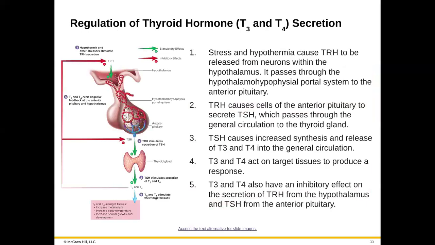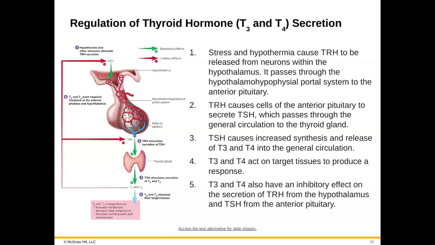So TRH is going to cause cells of the anterior pituitary to secrete TSH, the thyroid stimulating hormone, which is going to then be put out into circulation into the bloodstream, where it will then travel to the thyroid gland. So this increase in TSH is going to cause the synthesis and the release of T3 and T4 into general circulation of the body, so into the general bloodstream.